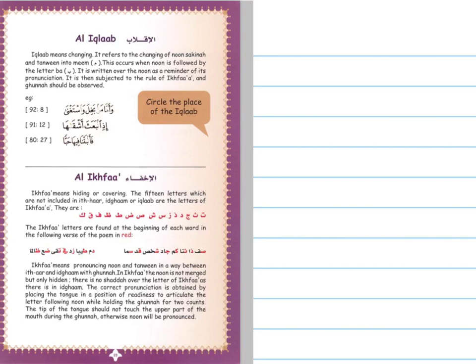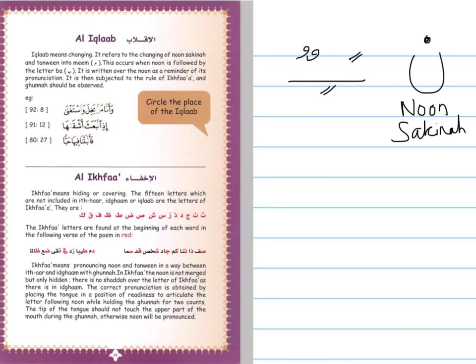Whenever you see a Noon sakinah or a tanween, an, in, or un, you have to look at the letter after, as we said, in order to find out what the rule is.